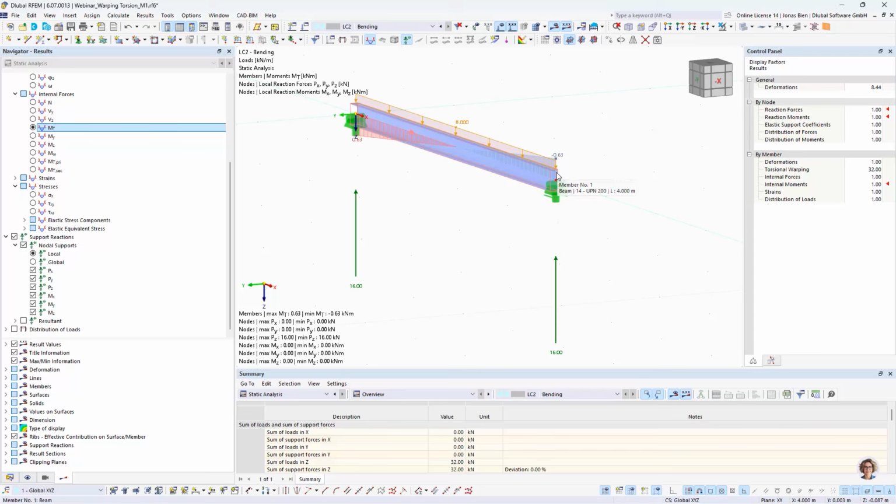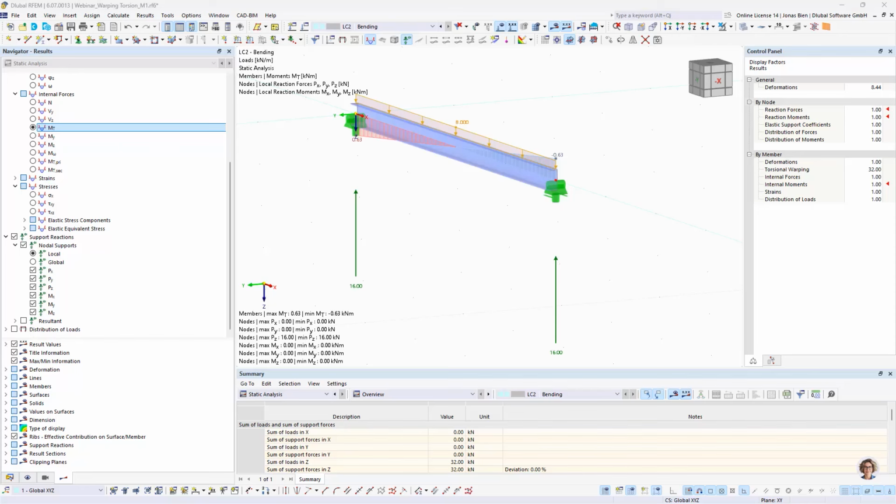So it's better to think of it to not get confused. In this simple case, we have applied the load in the center of gravity, and thus it has now no lever arm to the nodal support because it's also sitting in the center of gravity, in the case we perform a 7 degree of freedom analysis.